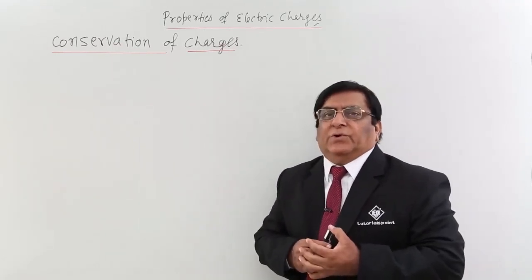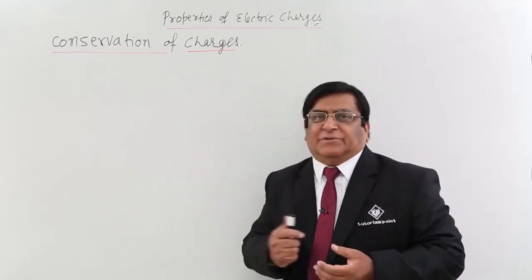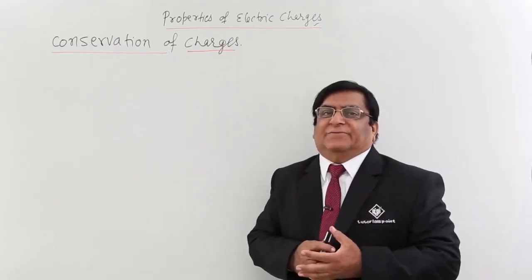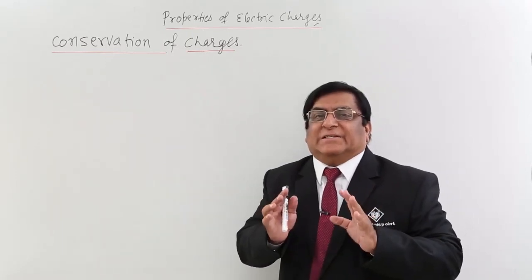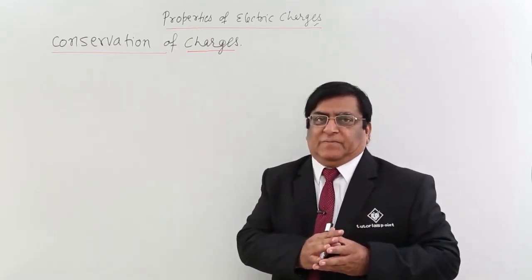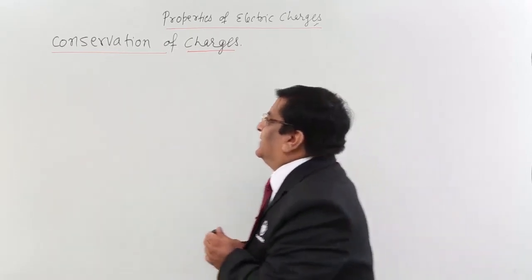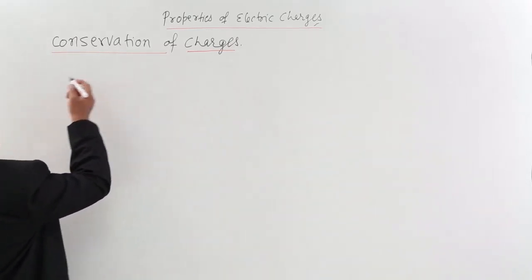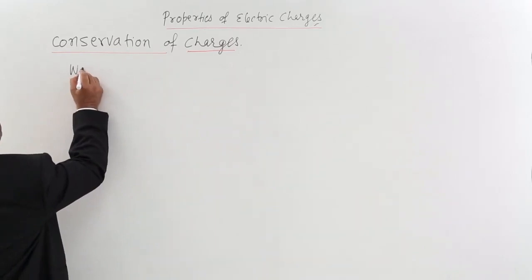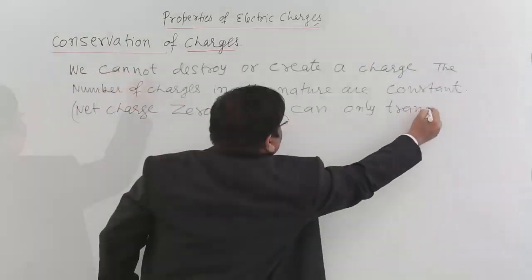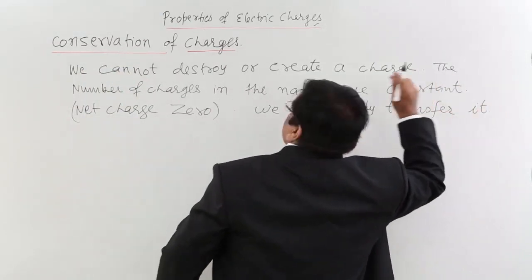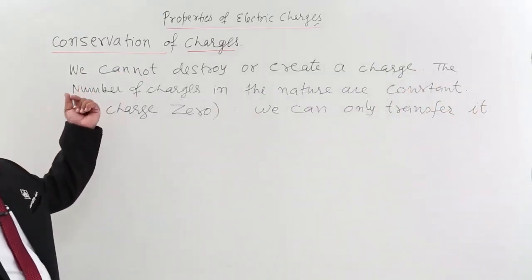Okay, so I will write this conservation law, but I will tell you that recently, after 1950, there have been certain modifications to this. We will study that. So first, the conservation of charges in its original form. I will read it.